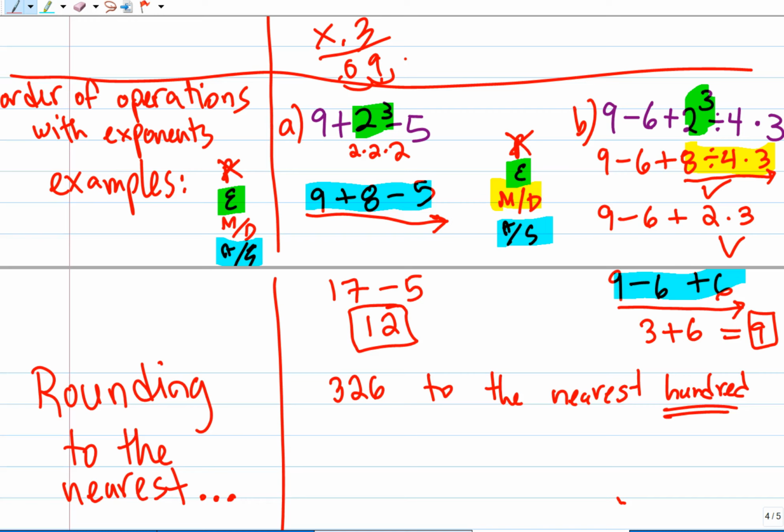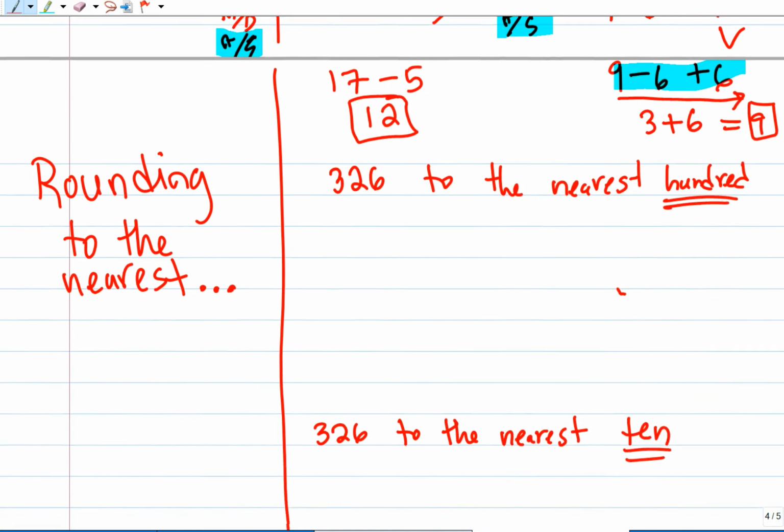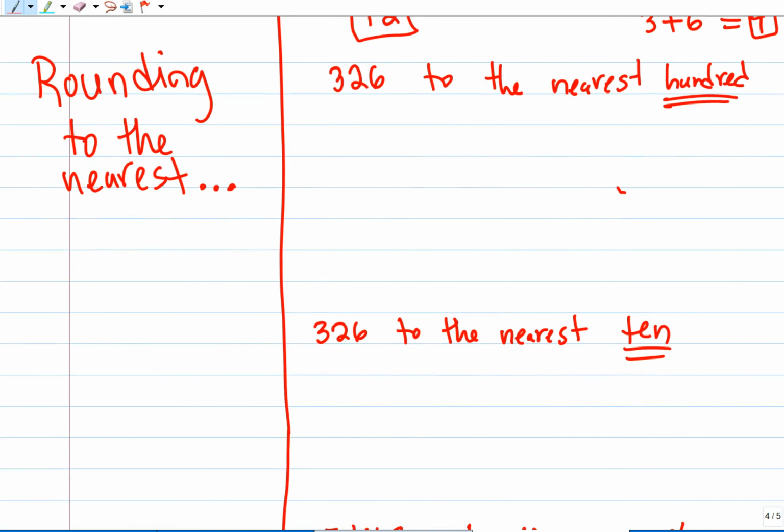And the last topic that I have, just in this first overview of our sections, is rounding. For this last topic, rather than just go into the rules, I want to discuss what this means.